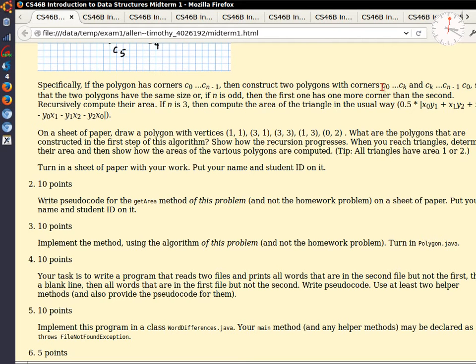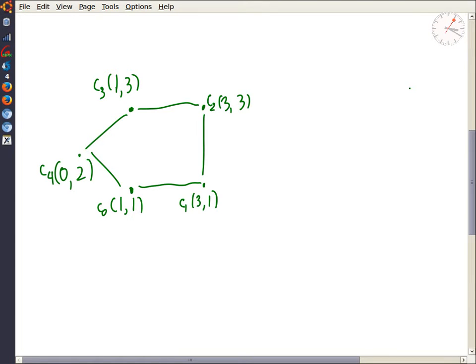And so it says here we're supposed to go from C0 to Ck. So that means we go C0, C1, C2, and C3 because the first one is one bigger. And so that is our first subdivision. And if you don't follow that, you could get some other subdivision, and then the numbers that you compute aren't quite the same as expected. So you have to follow that verbatim.